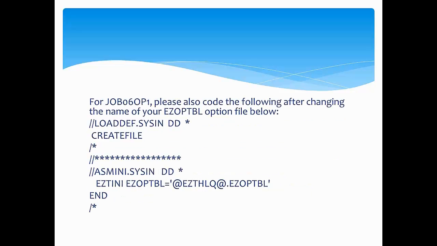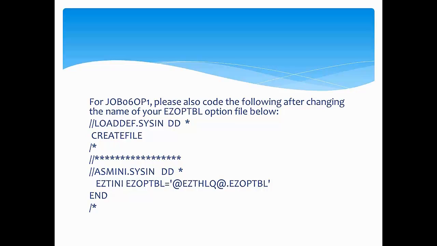Another thing to please keep in mind when you're modifying your JOB06OP1 JCL, please do look at your LOADDEF.SYSIN and let's make sure two things are also changed. First of all, your LOADDEF.SYSIN will be set to CREATEFILE, one word.